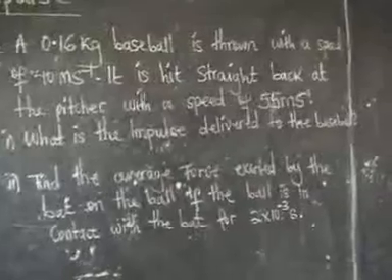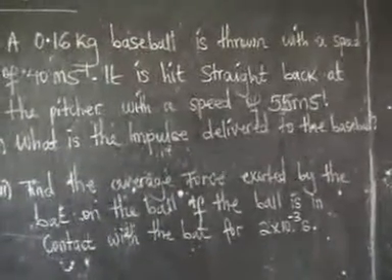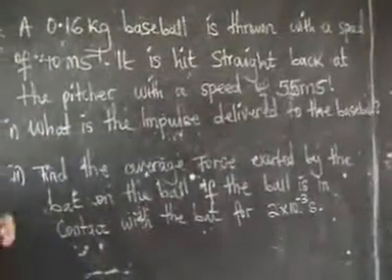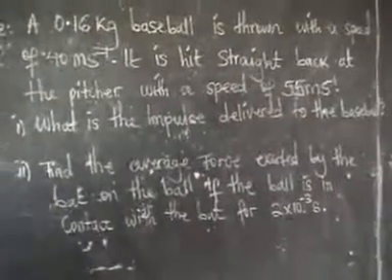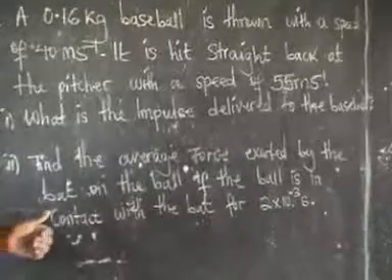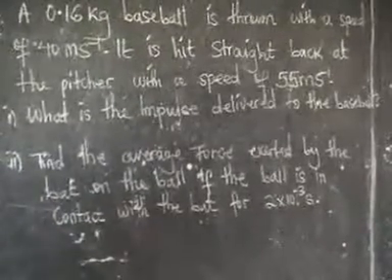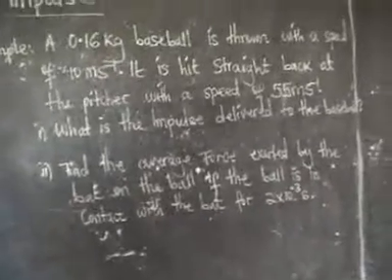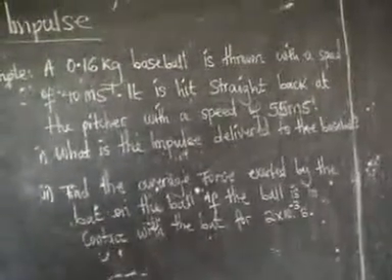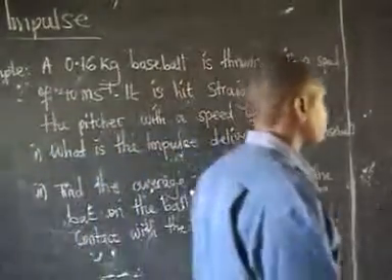Part 1: What is the impulse delivered to the baseball? Part 2: Find the average force exerted by the bat on the ball if the ball is in contact with the bat for 2 times 10 to the power negative 3 seconds.